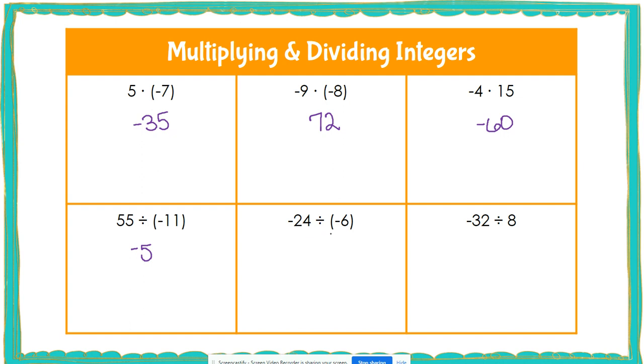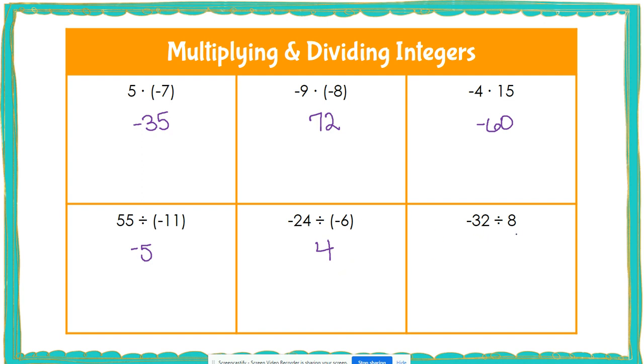For negative 24 divided by negative 6, I'm going to divide the absolute values. So 24 divided by 6 gives me 4. Because both of these are the same sign, they are both negative, my solution is going to be positive. So negative 24 divided by negative 6 is positive 4.